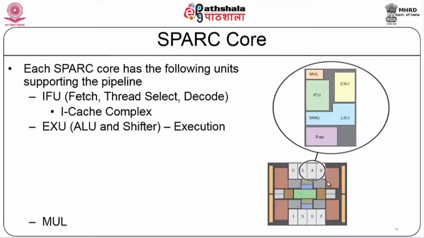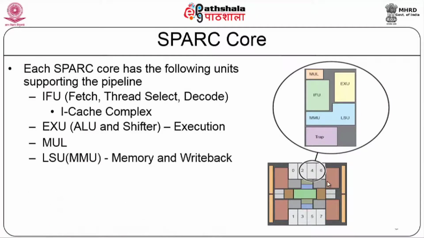Then you have the execution unit, which consists of an ALU and a shifter unit for execution purposes. You have a multiply unit. You have a load store unit which takes care of all your memory and write back operations, called your D-cache complex, which also holds your memory management unit. Then you have your thread logic unit, your floating point unit, and a SPU, which is a streaming processing unit.